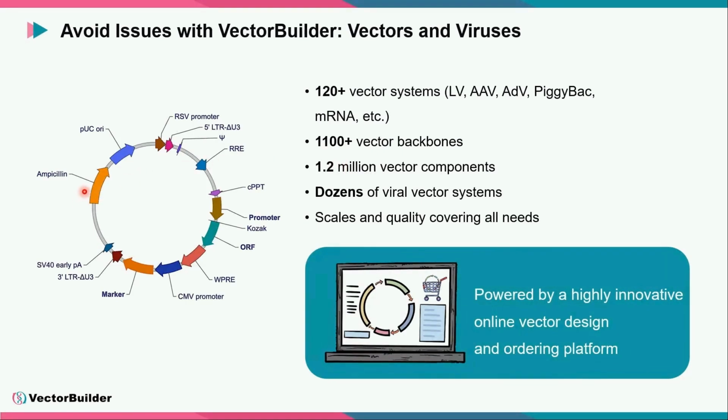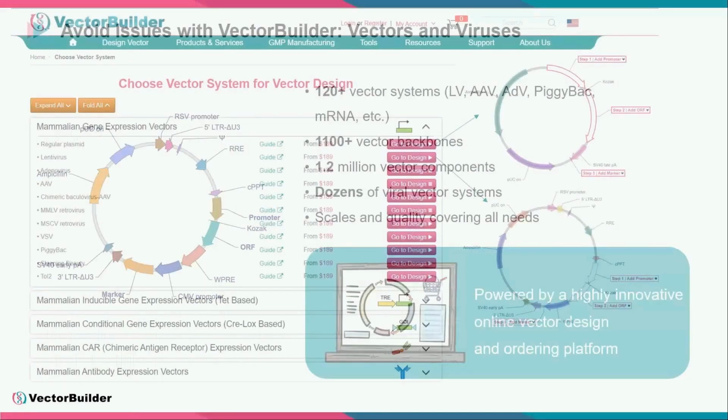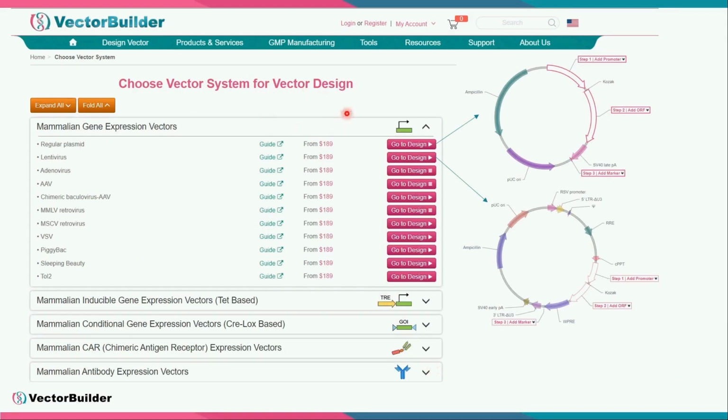So if you're looking at a vector like this, that can feel a little bit overwhelming. Our Vector Design Studio makes vector design really straightforward and really fast. In our Vector Design Studio, you can start with just considering your model as well as your approach. So if you want to perform gene overexpression and you want to use a regular plasmid, we have a backbone all set up for that.